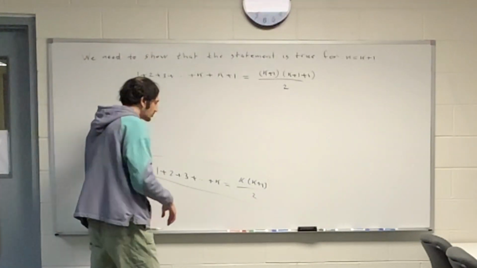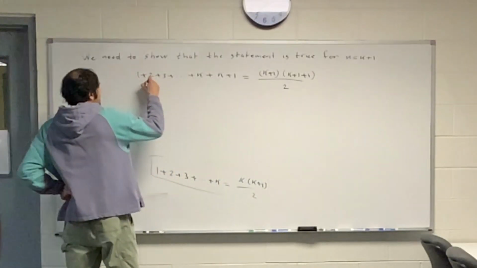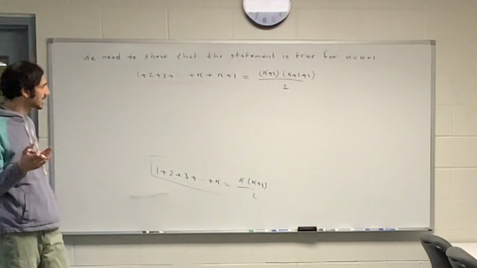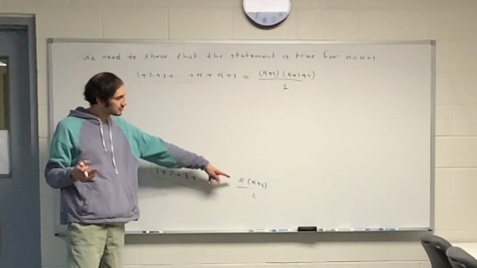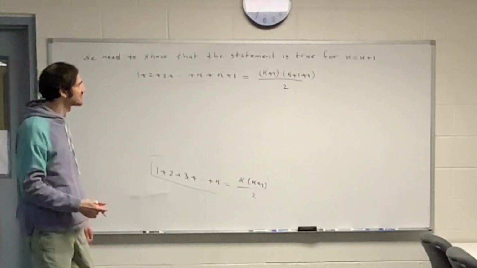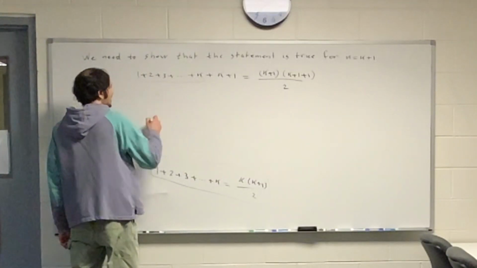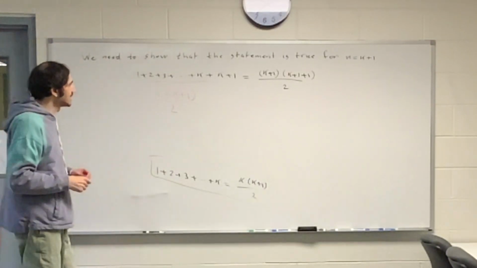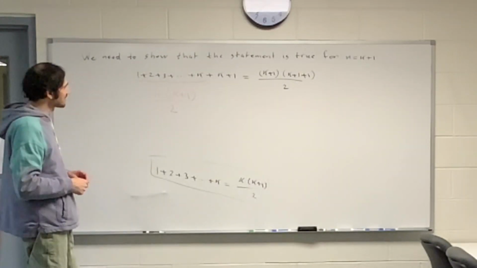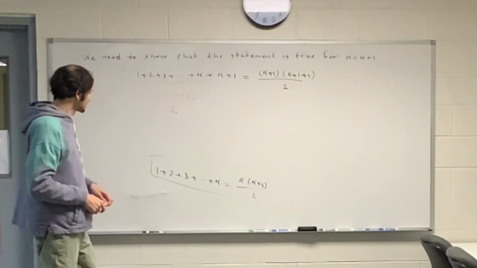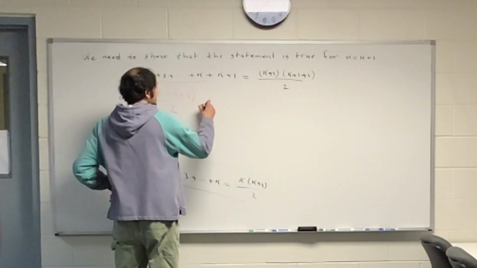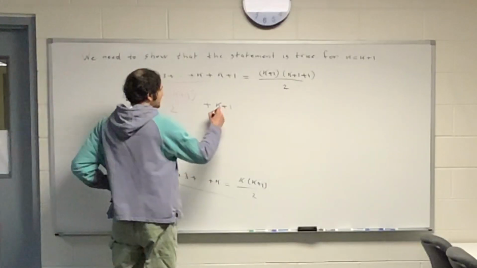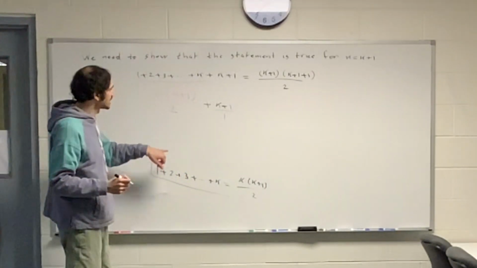All I have to do is plug in here, instead of 1 plus 2 plus 3 plus until k, which I already assumed is equal to k times k plus 1 over 2. So I can replace it by this, which is k times k plus 1 divided by 2. And I want to check, if I add k plus 1, whether I'm going to have the right hand side. So let's check what I'm going to have in this case. If I want to add k plus 1, and as you know, k plus 1 is divided by 1, but here I have 2.